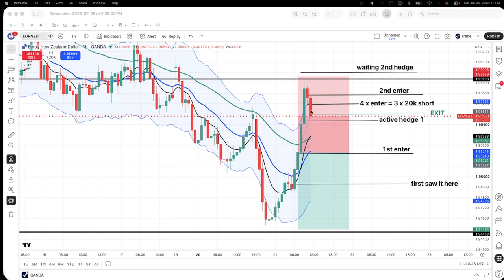I have this trade hedged here, but now I have another short. It's moving in my direction, so I'm making money, right? And I want to cover my unrealized loss as fast as I can and possibly make some profit on top of it. So this is my second entry, which undid the hedge.